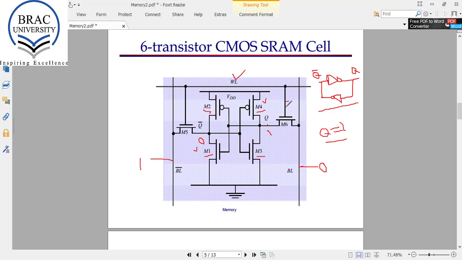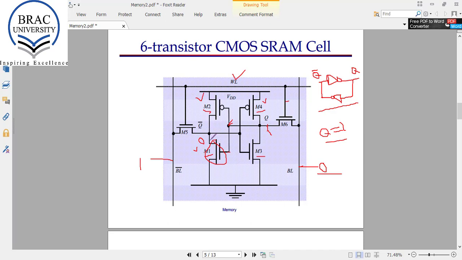So this transistor will turn on, and this Q point will certainly be 0. When Q is 0, this location will also be 0, and the gate of this M1 MOSFET will also be 0. So this will turn off this transistor, and as this point has voltage 0, this will turn on this transistor M2.